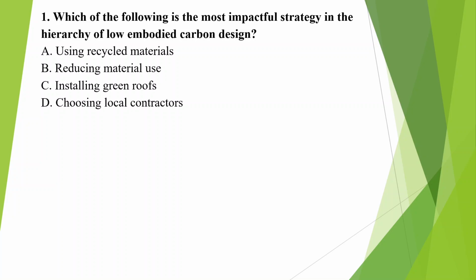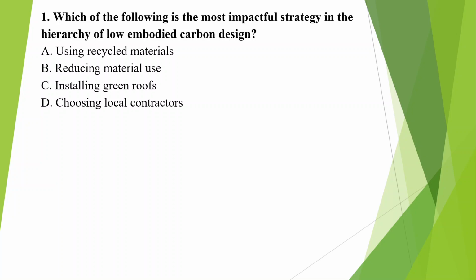The question asked about the most impactful strategy in the hierarchy of low embodied carbon design. Whenever you are going for low carbon design, the most impactful strategy will be reducing material use. It's not using recycled material.